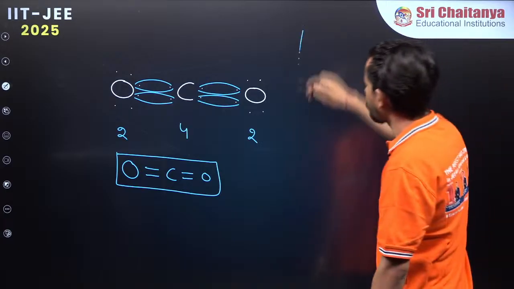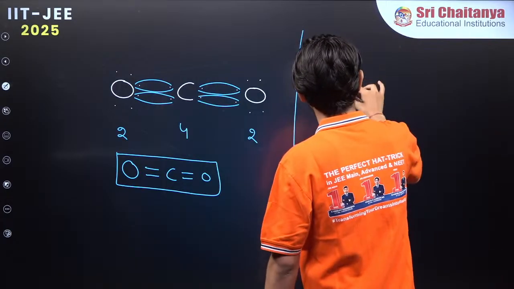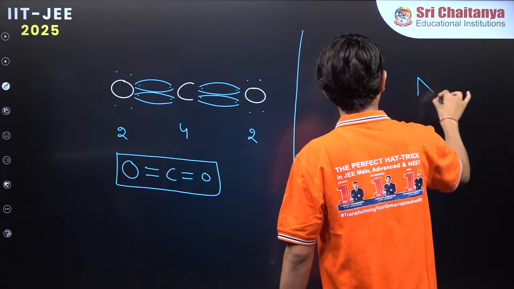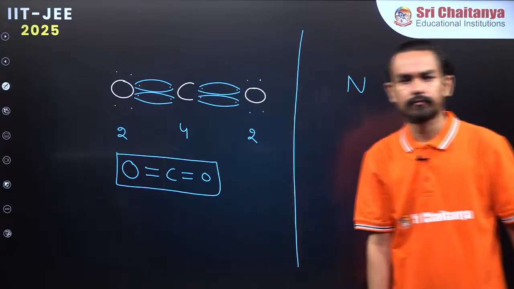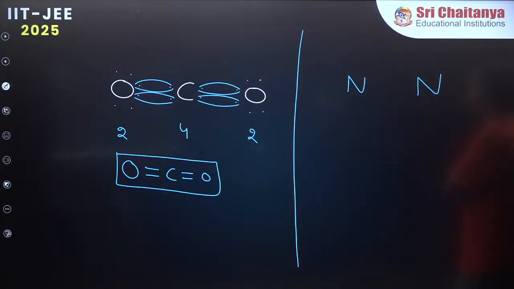One more example, nitrogen and nitrogen. N triple bond N, very good.